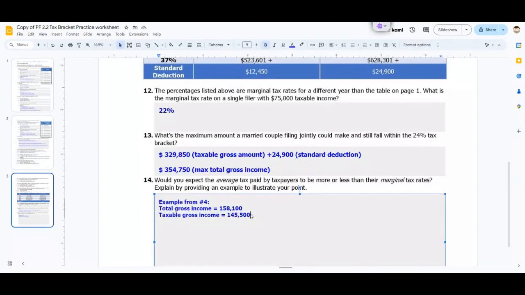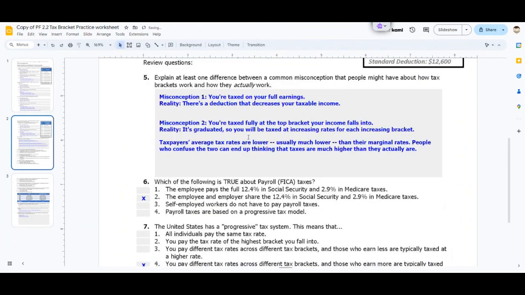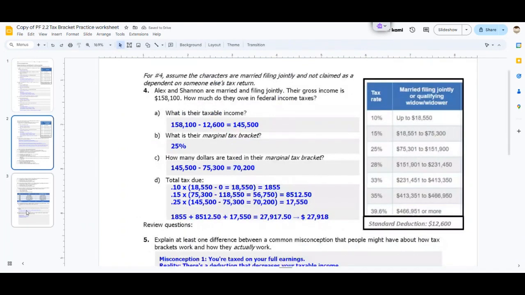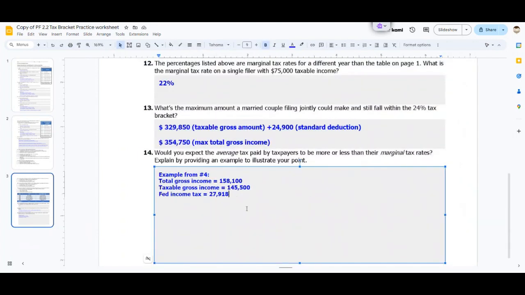Okay. We also know that they paid in federal income tax 27,918. Okay, that's what we calculated here on Part D, 27,918. All right, so the effective tax rate or the average tax rate would be equal to the amount of taxes that they owed, 27,918, divided by their total earnings, 158,100.